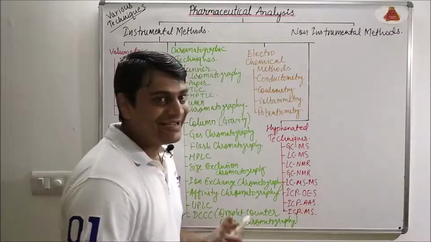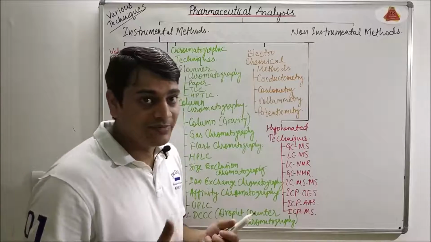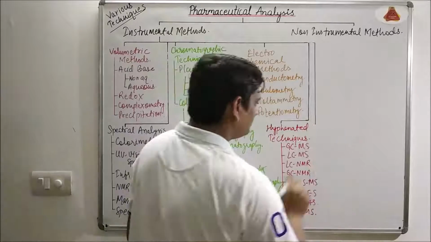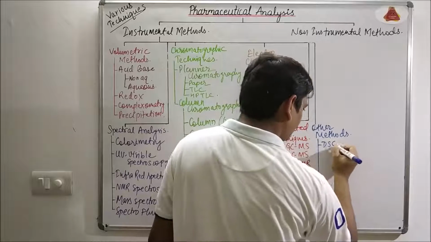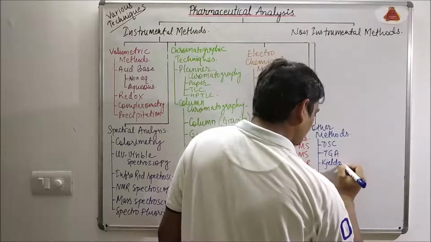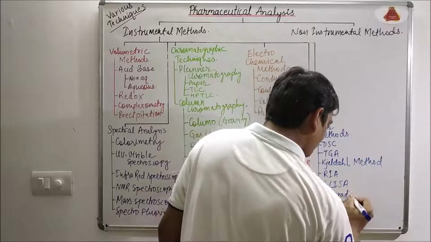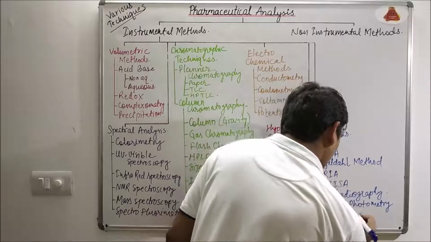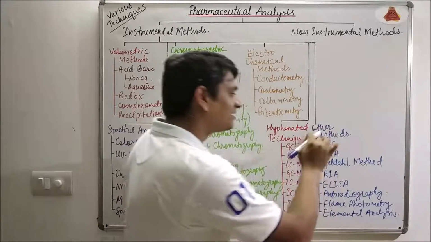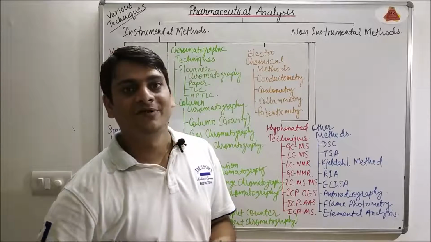Now coming to the next techniques under instrumental methods, that is other or remaining methods. So these are the other methods which can be used in analytical chemistry for determination of various analytes.